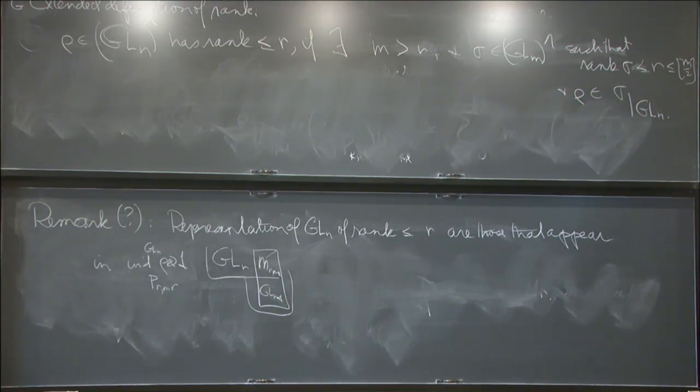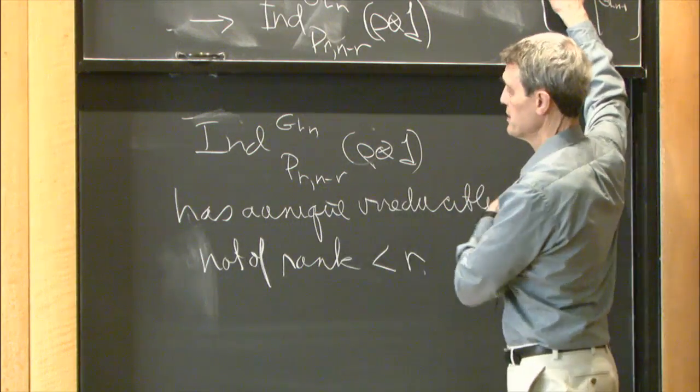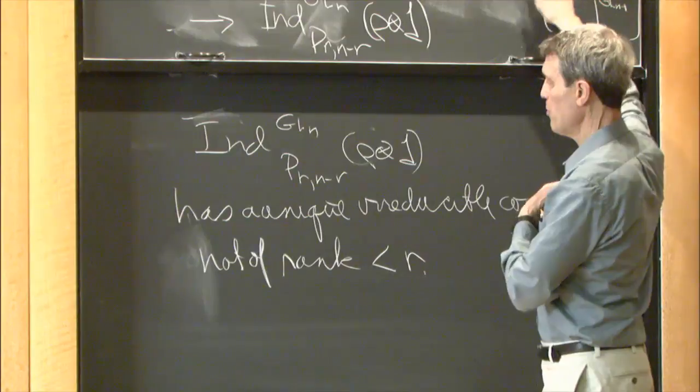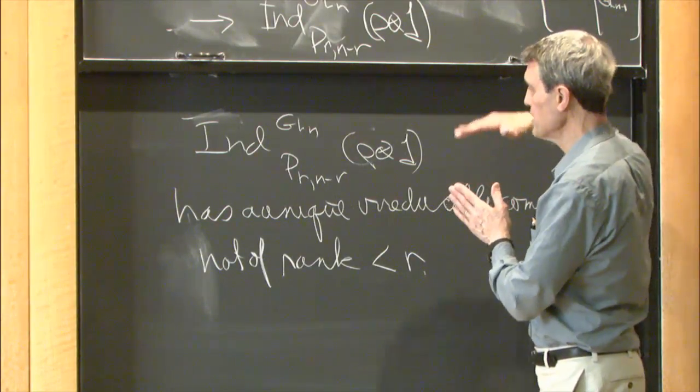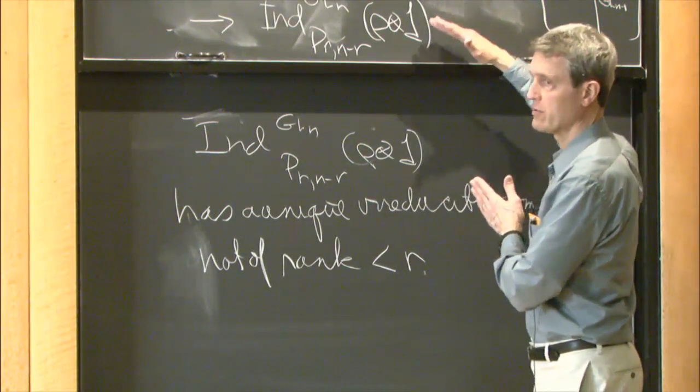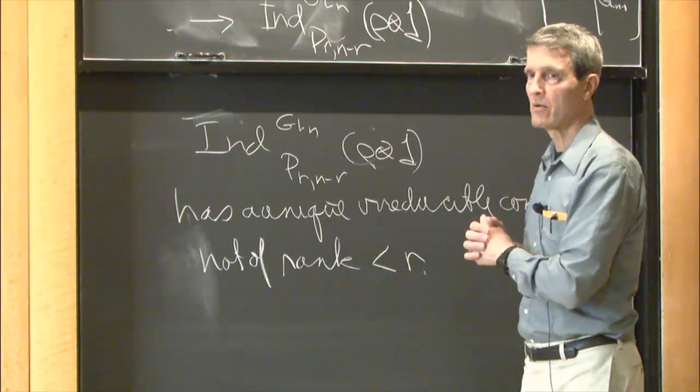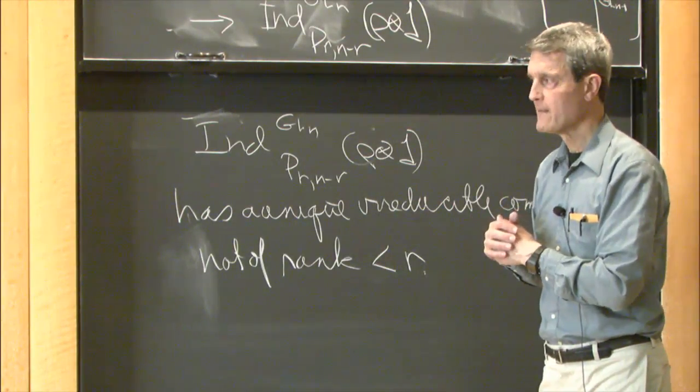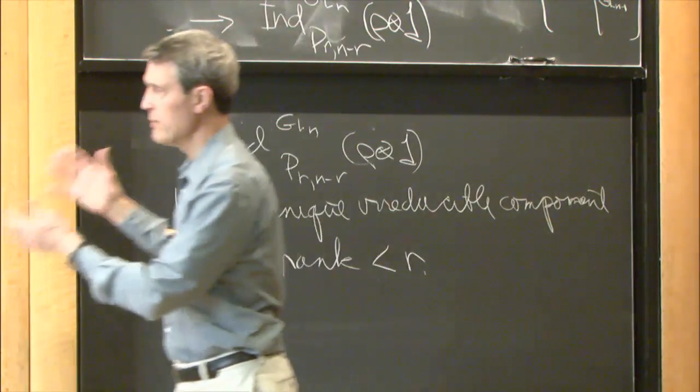So there can be a substantial difference in the size of the representations of a given rank, because you have a substantial difference in the size of the representations of GLN, but generally speaking, the size tends to grow with the rank.